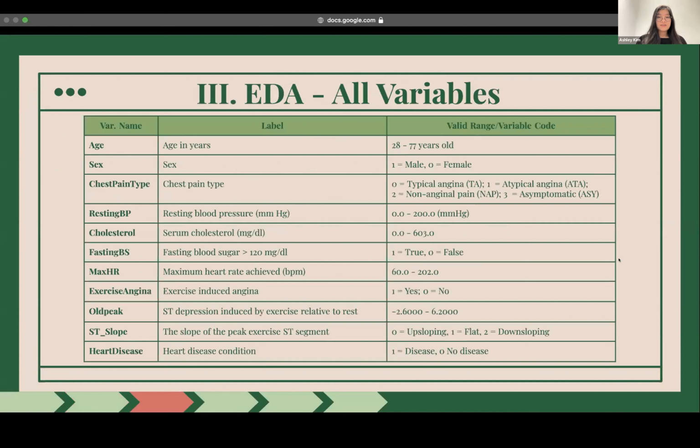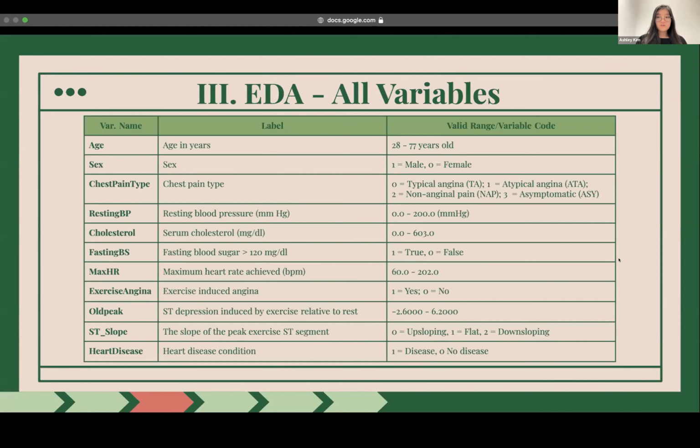From each person, values of 11 variables were collected. These variables were age, sex, type of chest pain, resting blood pressure, level of cholesterol, blood sugar levels, and their maximum heart rate.